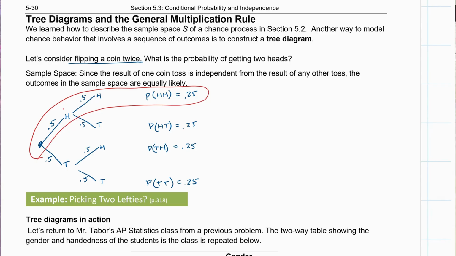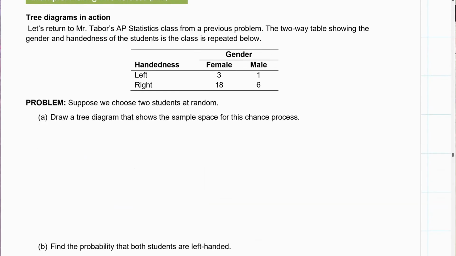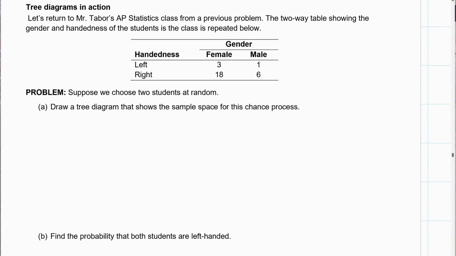Now, this one's a situation where all items are equally likely, but let's talk about another one that's a little bit more complicated. Let's say we choose two students, one at a time, from this class, and we're going to look at handedness as we make a two-way table. Choose our first student.